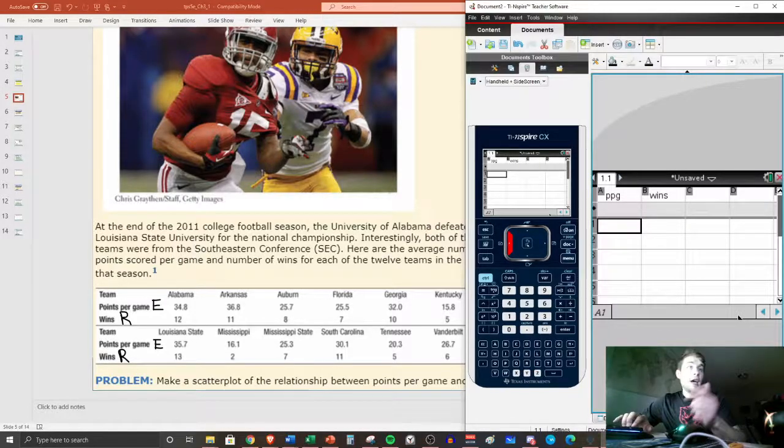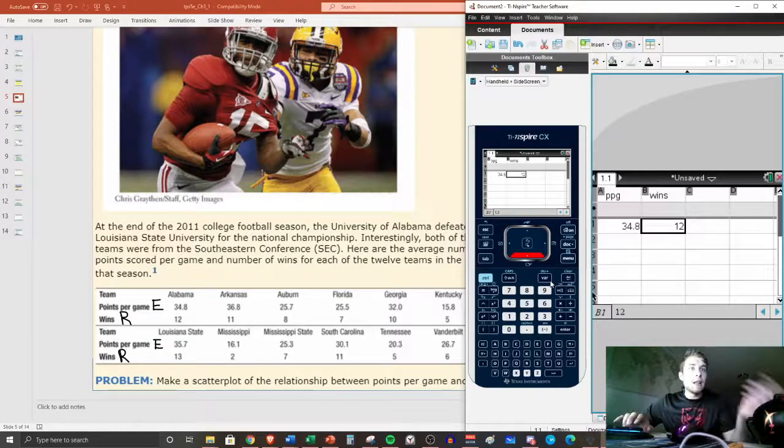Okay, so let's go ahead and enter in all this data. I'll pause the video right now so that you can enter it in. Hopefully you can see it on the screen pretty easily, all of these data points. So every single explanatory variable goes in the points per game column. And then they need to be lined up and associated. So if I put 34.8 here, I have to put 12 here.